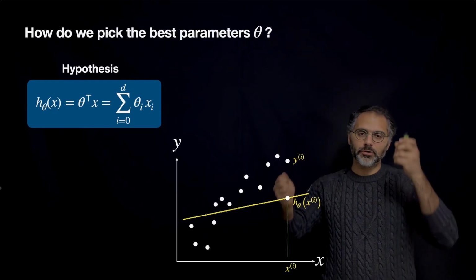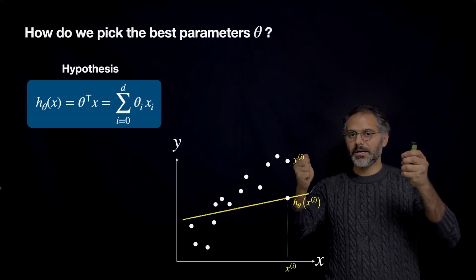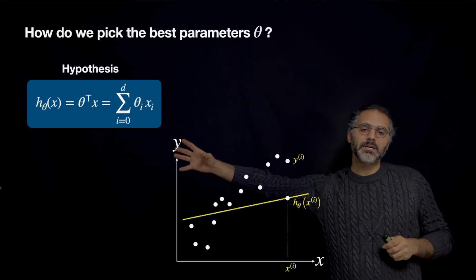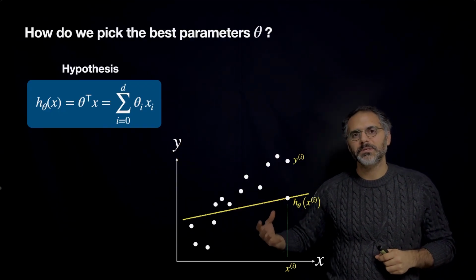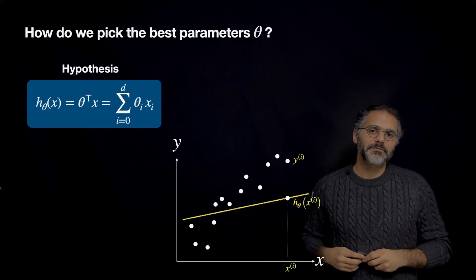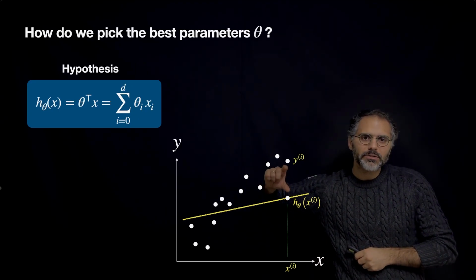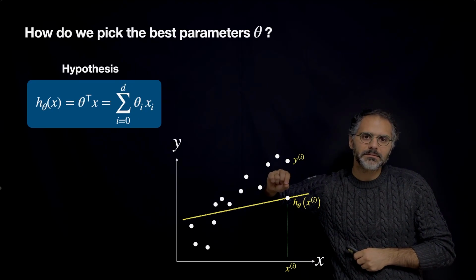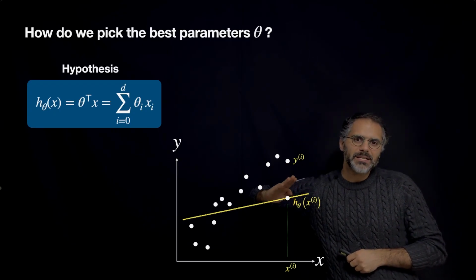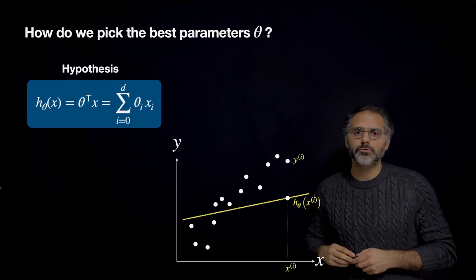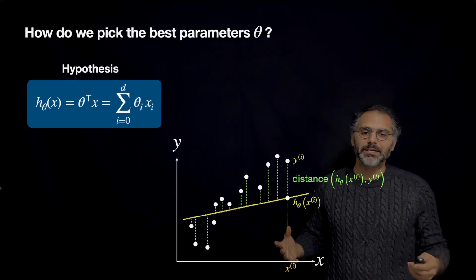So I'm giving you input-output pairs, that's xi, yi, for the ith apartment, and given the hypothesis, I'm predicting that the price should be h theta of xi, right? So I have these three quantities, and you can imagine that what I'm trying to do is minimize that distance. I want the prediction to be as close as possible to the true value. So how do I actually do that?